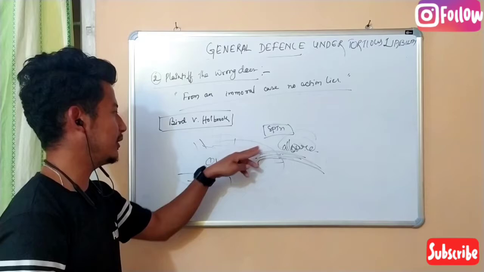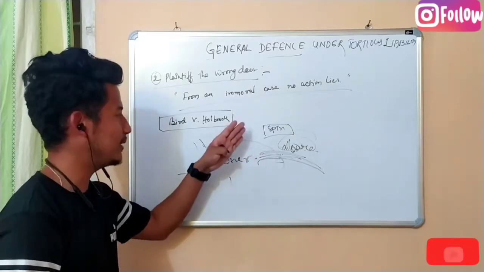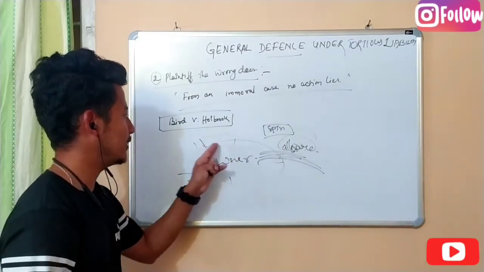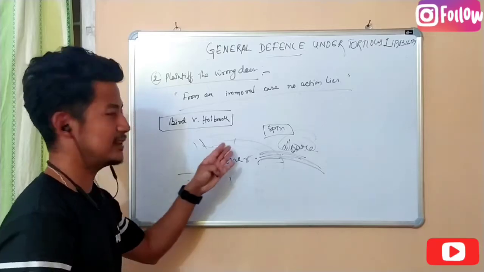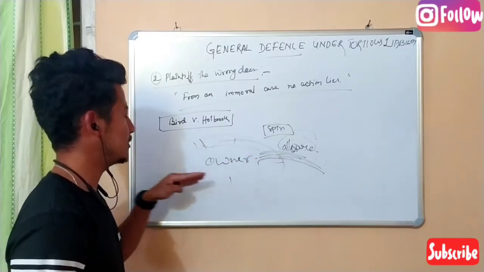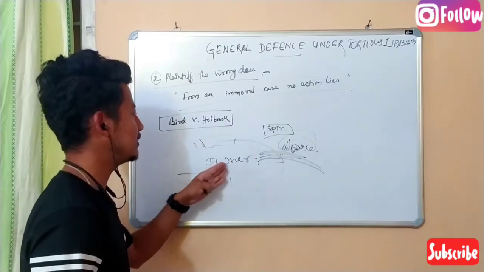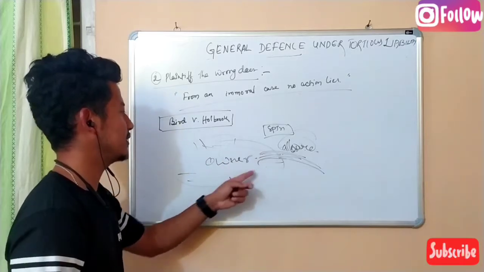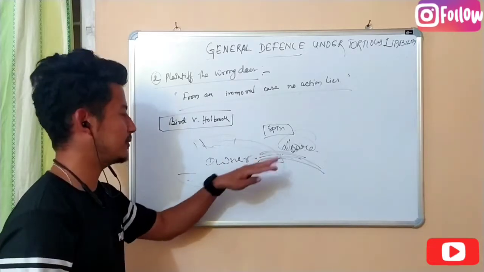He never posted any sign or signboard saying that he had laid a spring gun over his boundary. He didn't say it anywhere, so during the trespass the plaintiff suffered the injury.